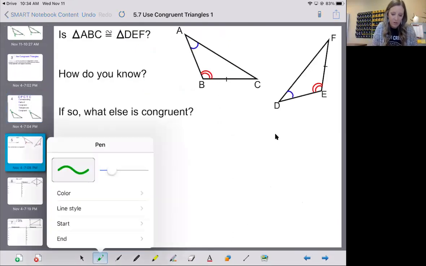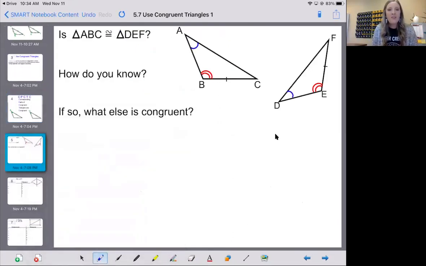All right, so on this example, it says, is triangle ABC congruent to triangle DEF? So first thing we're going to do, obviously, is check that the triangle letters ABC are in order. So A down to B across to C, and then they said D to E up to F. So those look good.